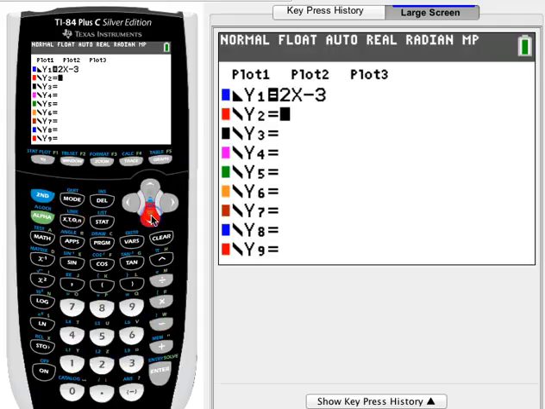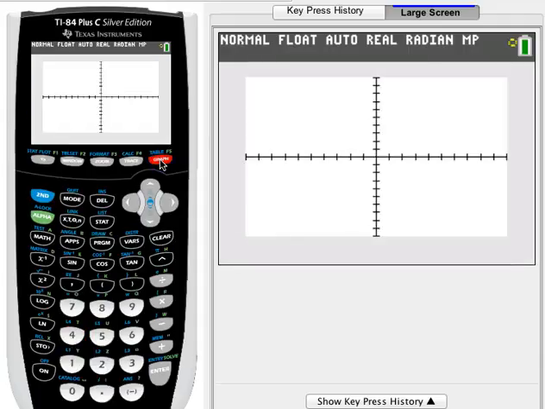2x minus 3, here, 1 half x, and that should be a minus 4. I'm sorry for that typo. And we want to see where do they cross.